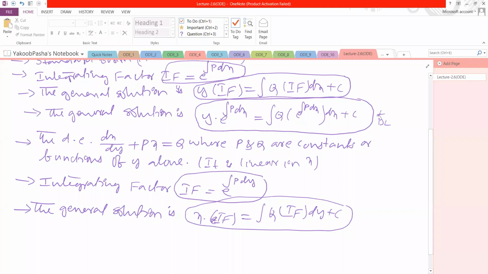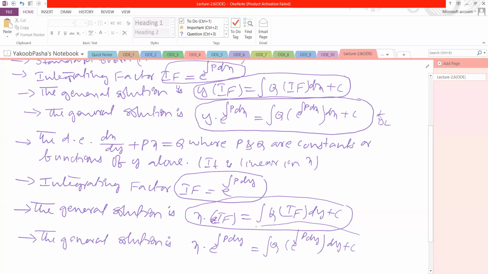Now we replace the integrating factor value here and we get the general solution: x into e to the power of integral p dy is equal to integral q into e to the power of integral p dy into dy plus c.